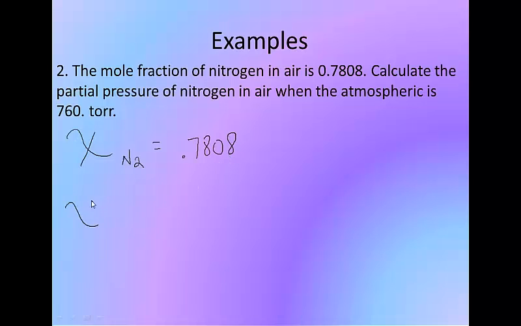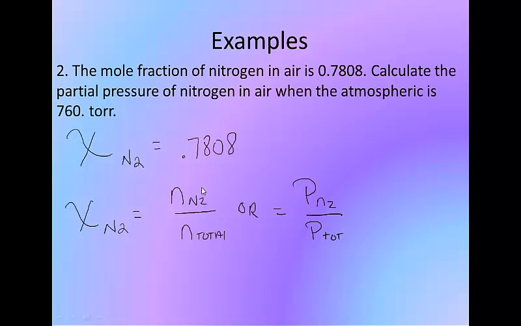And mole fraction of nitrogen gas will be equal to either the number of moles of nitrogen gas over total, or will be equal to the pressure of nitrogen gas over total. I don't have moles, so I'm using this guy.